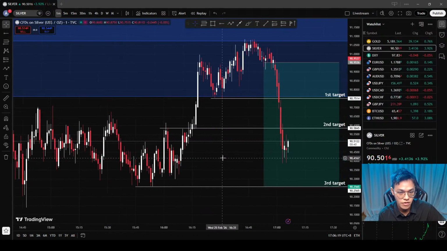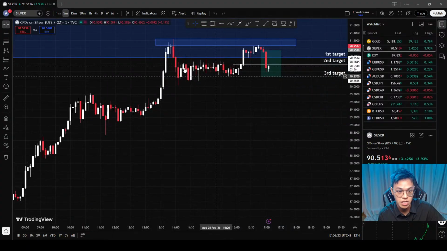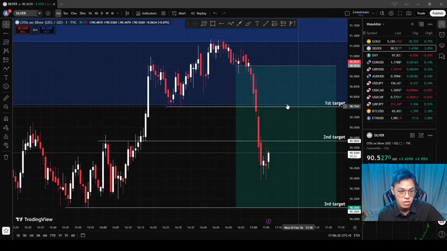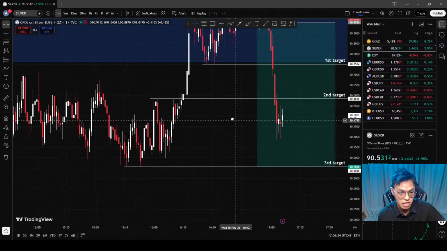All right, so if you come back to the TradingView, we can see that here is the second target, and the price is trading within this range, below the second target.